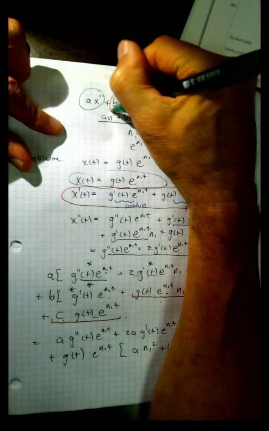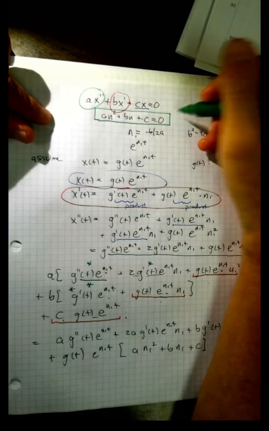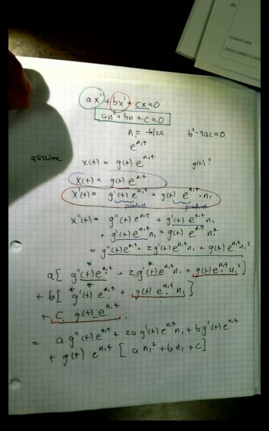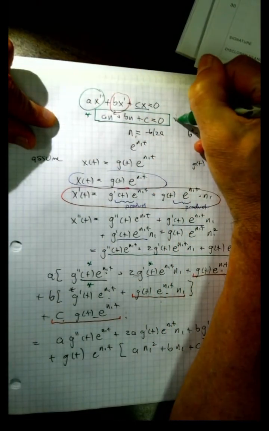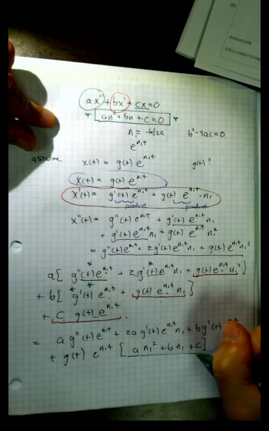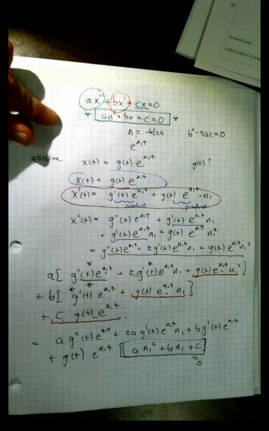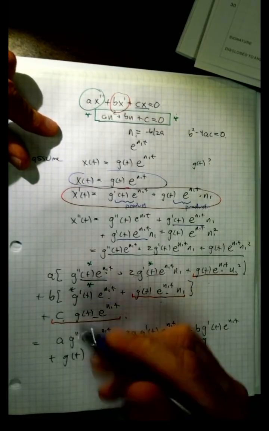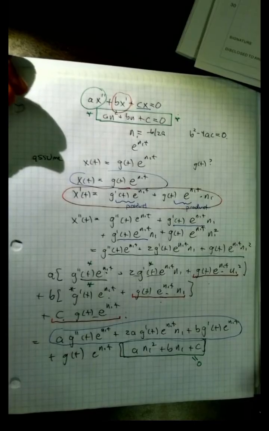I already know that e to the n1t is a solution to the homogeneous equation. So I know that this is equal to 0, which means I'm only going to be left with this for my differential equation.